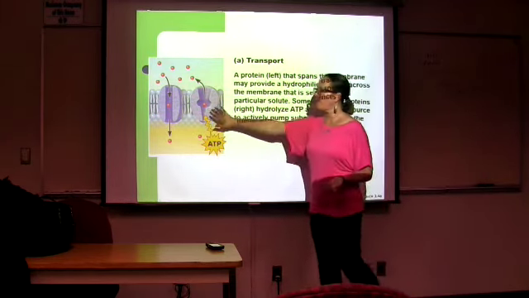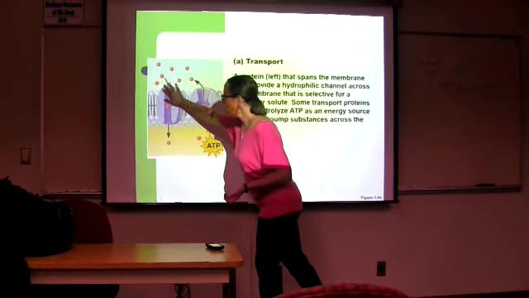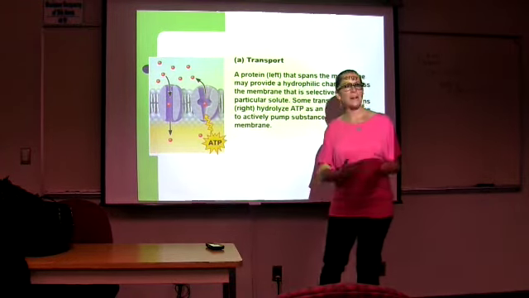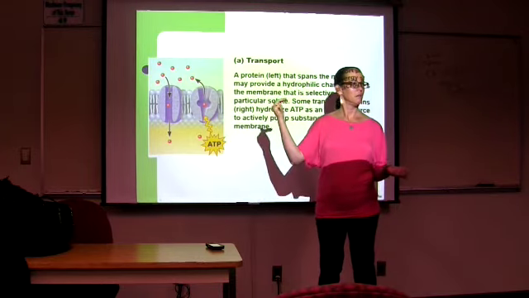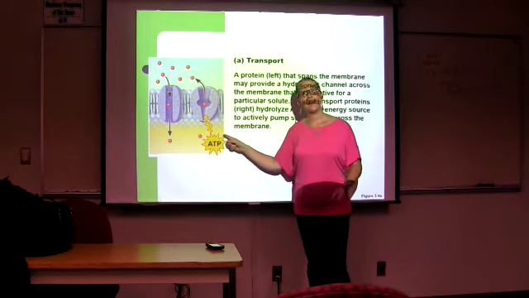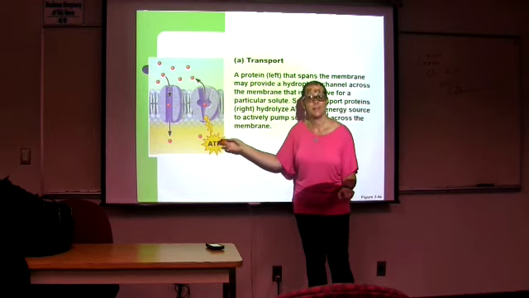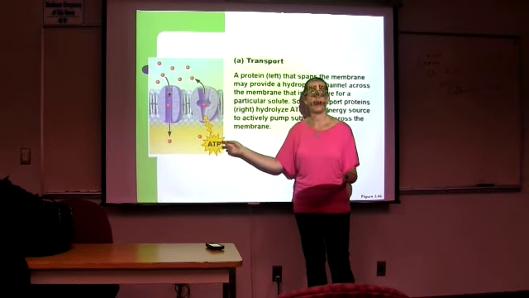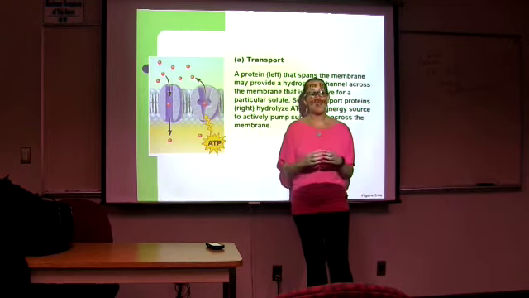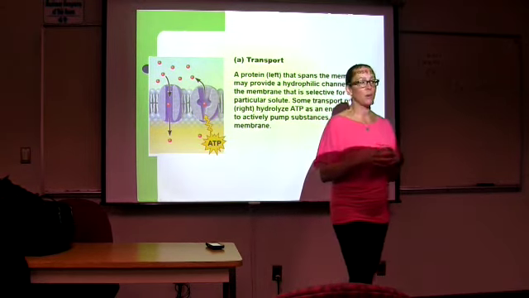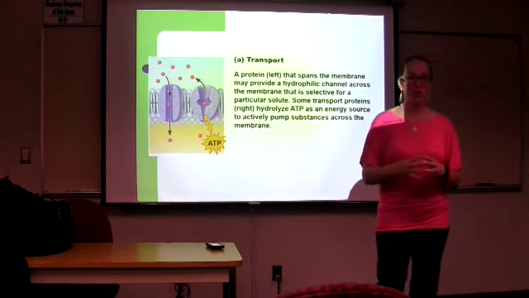Now, some of these you can see can just passively pass through. Some need ATP. So if they need ATP, they are using what? Energy. Remember, ATP are little packets of energy that we have throughout the body that will phosphorylate structures.